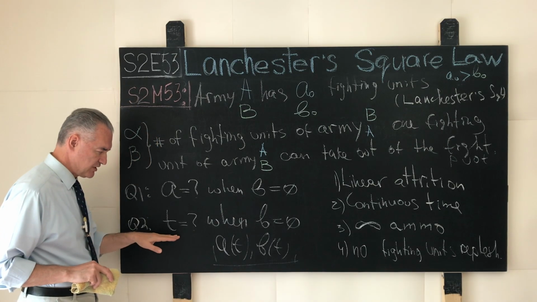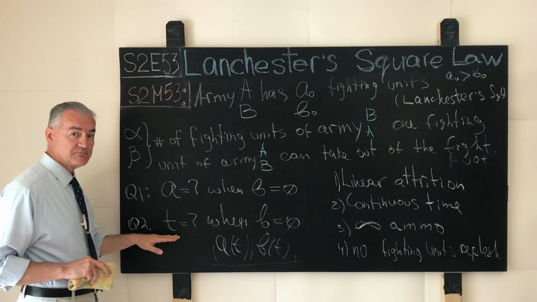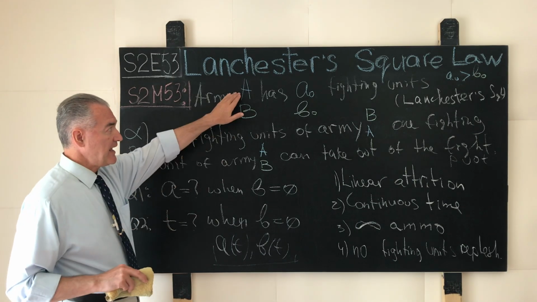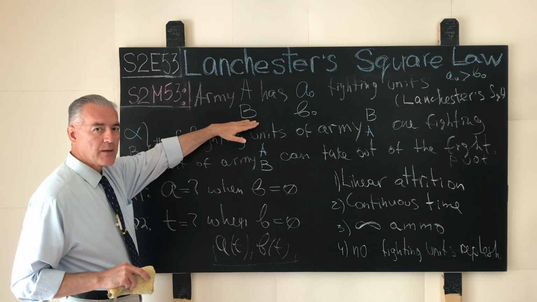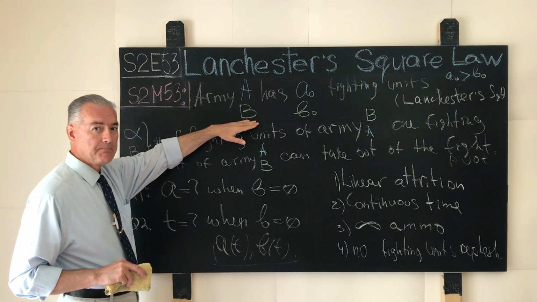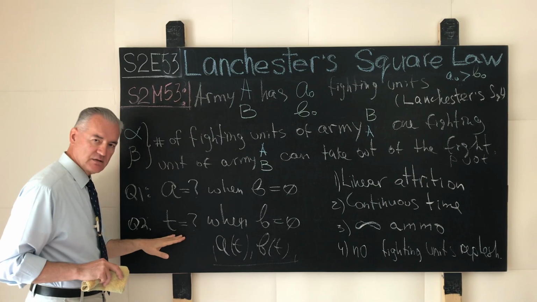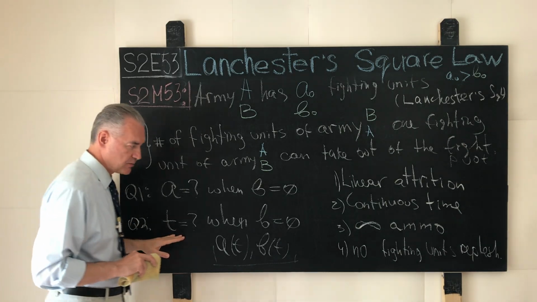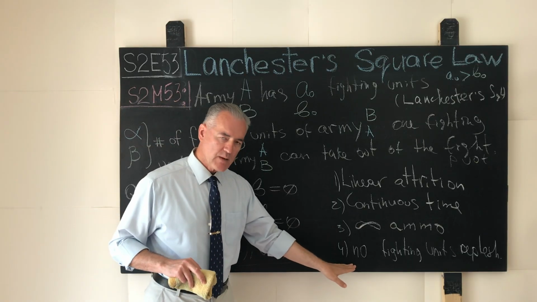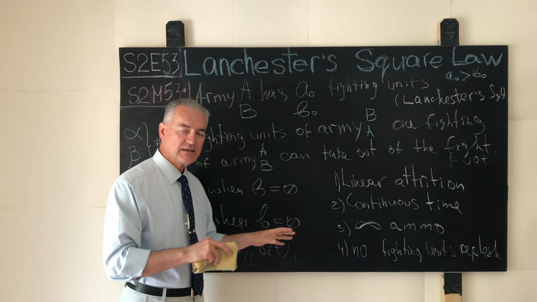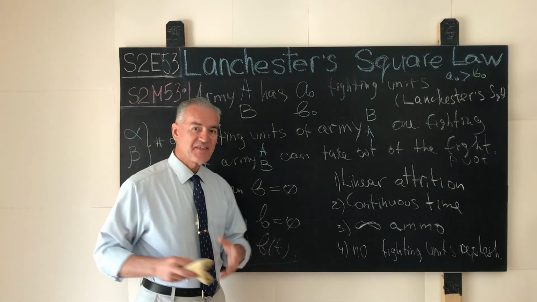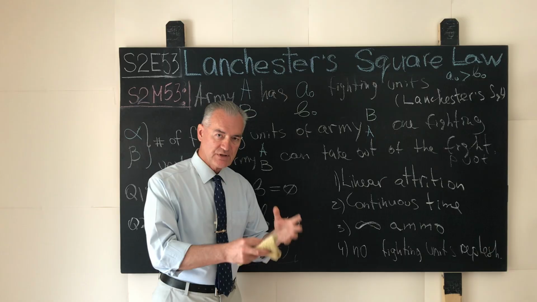Question number two is the annihilation time. We want to know how long will it take the Army A to completely destroy and wipe out the Army B in appropriately chosen units of time. And here again, we see other assumptions. Like I said before, there are way more assumptions once you start digging into the question of mathematics goes to war and mathematical models of military encounters.